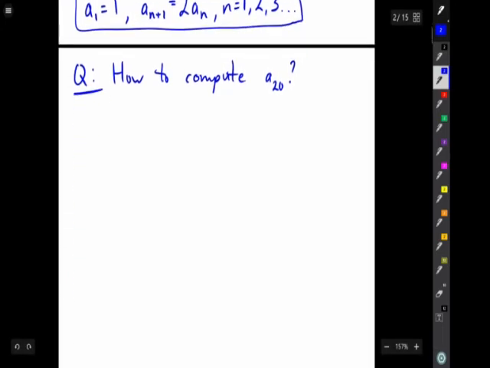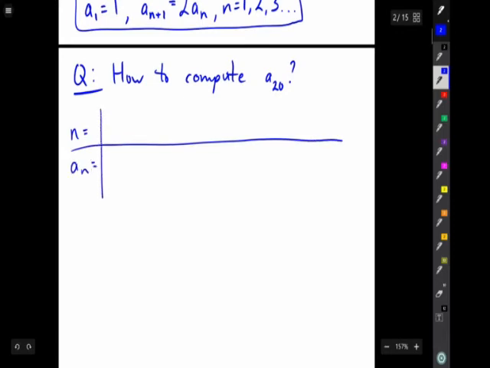So let's think about that. We know A1 is equal to 1. We know A2, let me do this. Let me put the n value up top, the an value here.